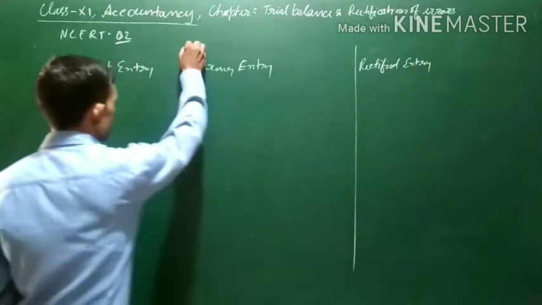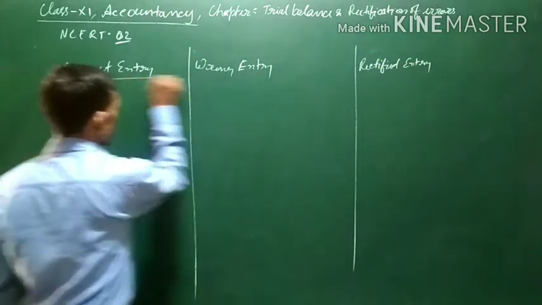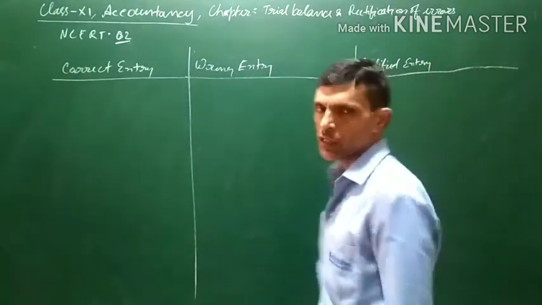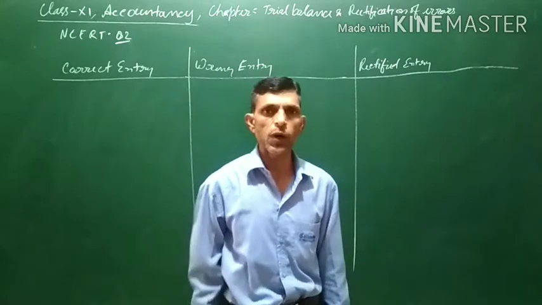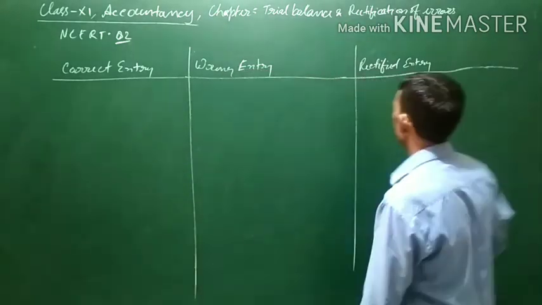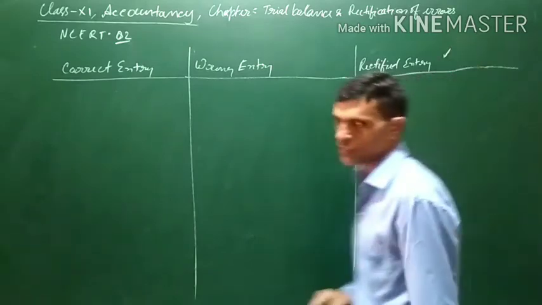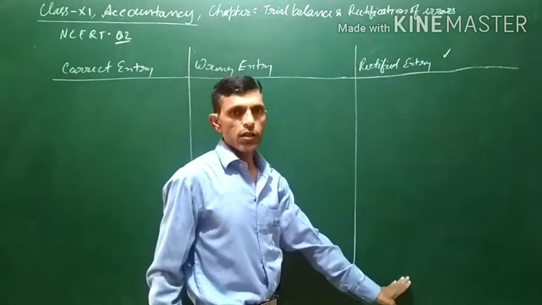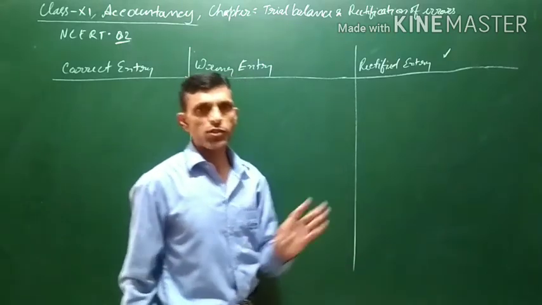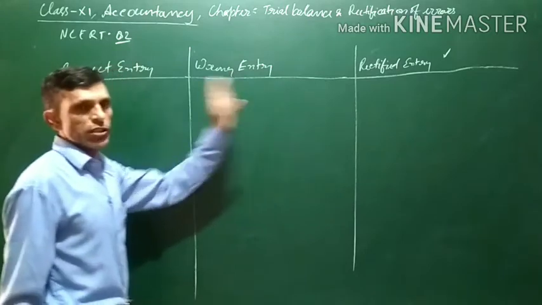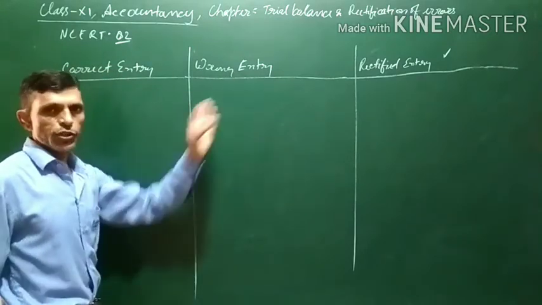In order to solve this type of question where some wrong entry has been passed, the last column, that is the rectified entry, is actually required. This is actually the answer. Even if we do not write these 2 columns, it will be correct.